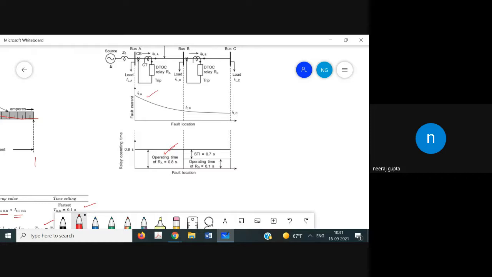The relays nearest to the source are deliberately delayed so that they are selective with the downstream relays.